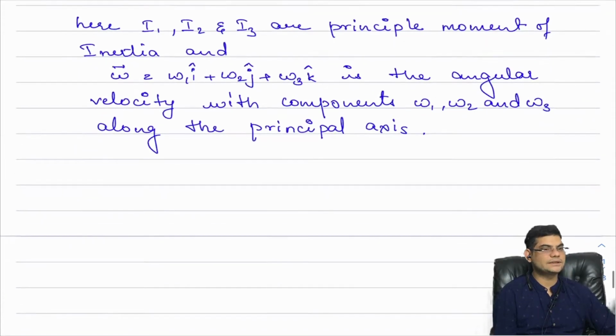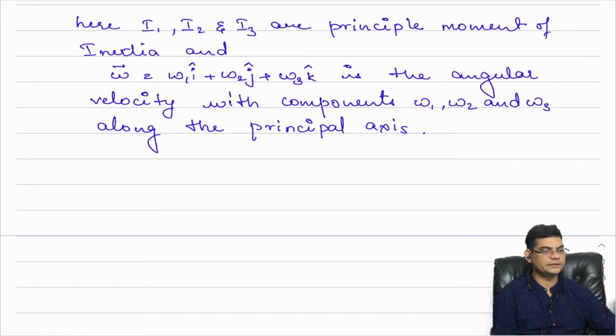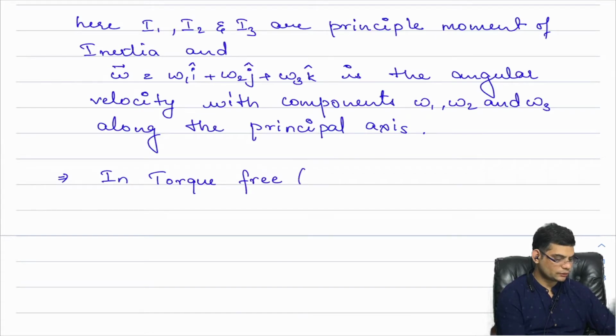Now the second part. In a torque-free system, torque-free means tau 1 is equal to tau 2 is equal to tau 3 is equal to 0.